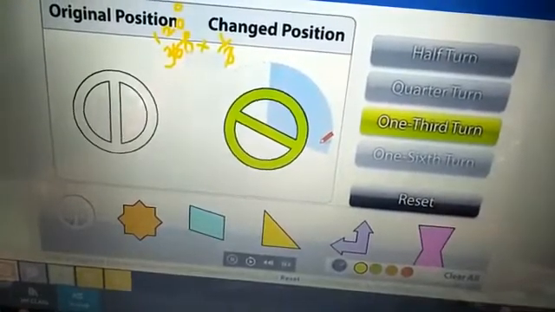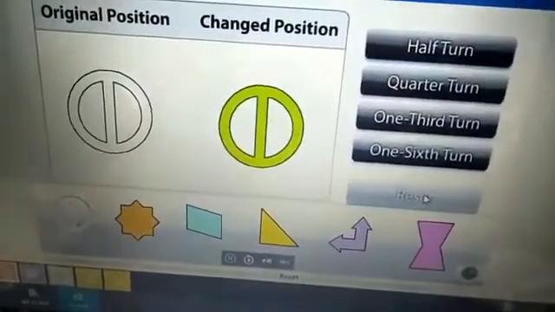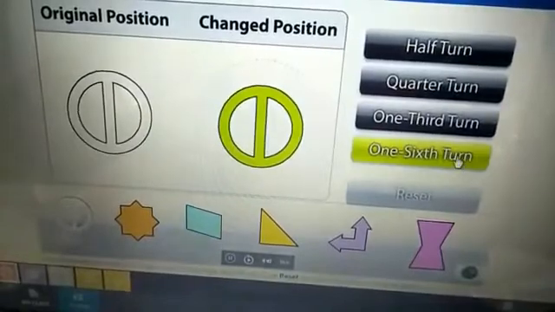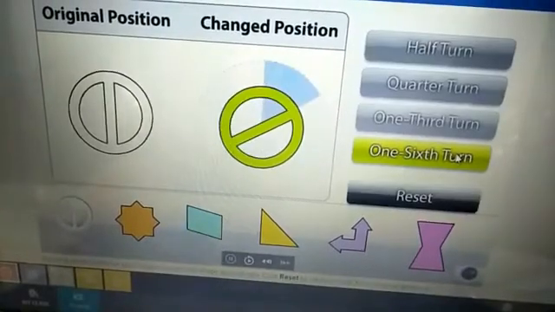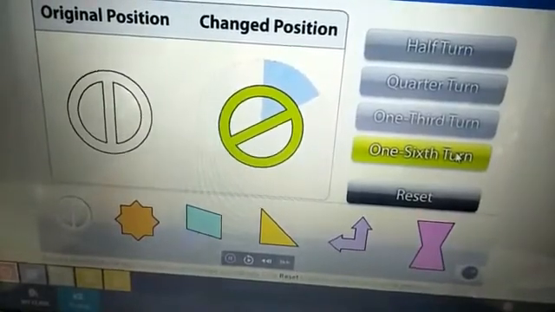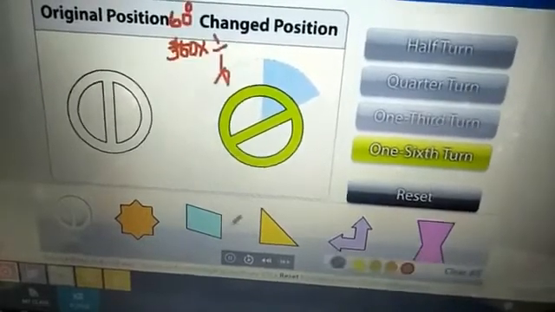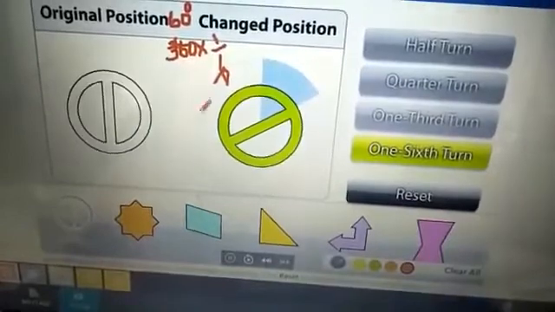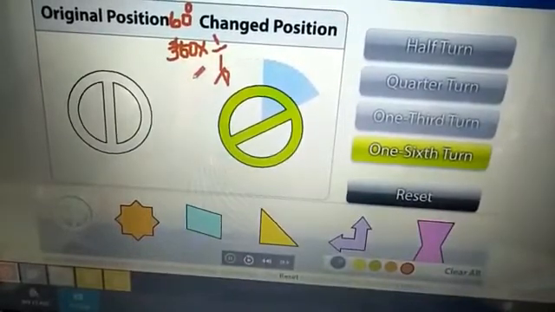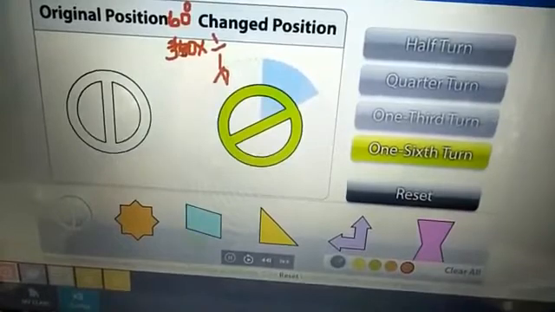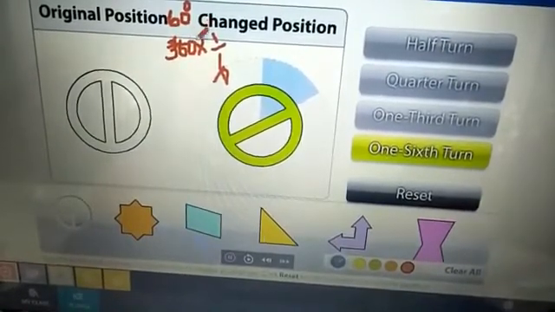Is it clear? Children, now I give 1/6 turn. So our 1/6 turn is nothing but, listen children, I multiply 360 degree by 1/6. So I divide by 6 table. 6 sixes are 36, 3, 6 are 36, and remaining we have 0.